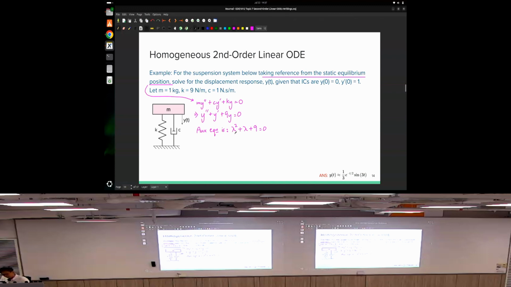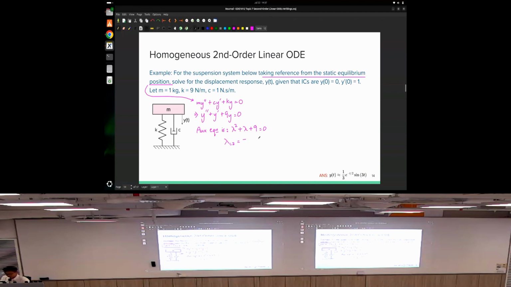Then if you look at this, can we factorize? Oh, no, we cannot factorize. So what do we do? We use the root equation, or you can just punch your calculator to find the roots. To find lambda, lambda 1, 2 equals minus b plus minus root b squared minus 4ac over 2a.